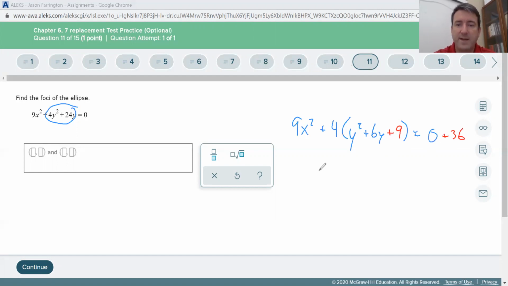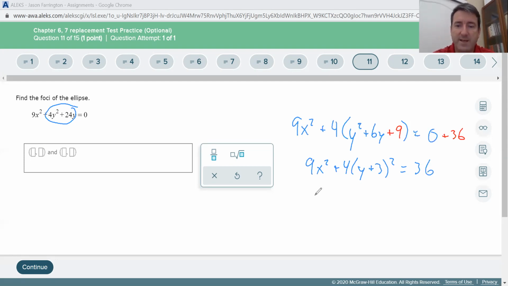All right, so this gives us 9x squared plus 4 times, and this factors to y plus 3 squared, is equal to 36. Now, remember that the equation of an ellipse is always equal to 1. So we have to divide both sides of this equation by 36 to get this equal to 1.